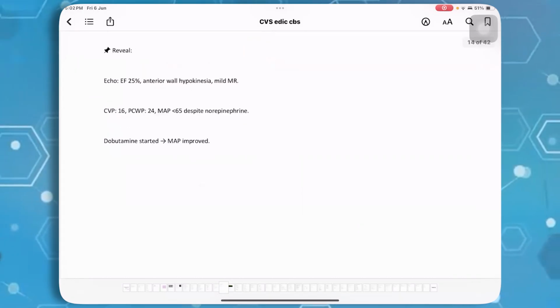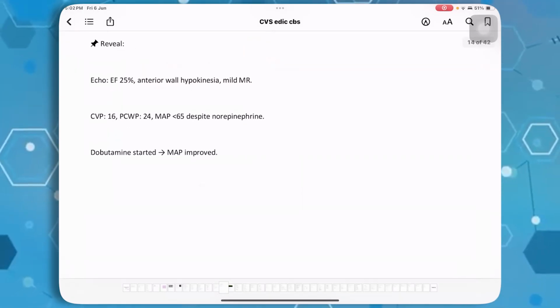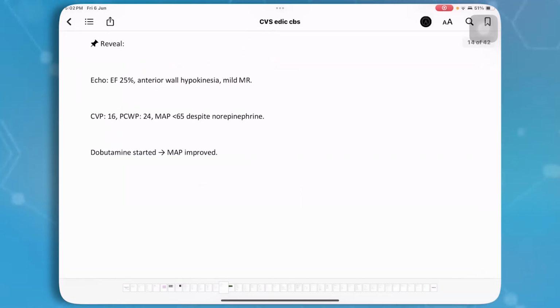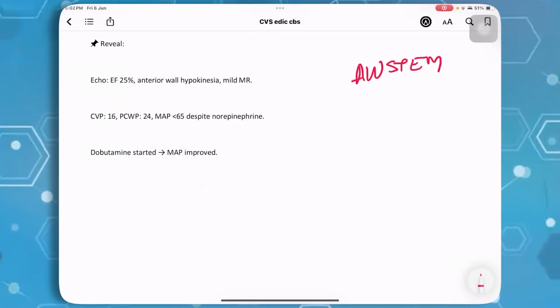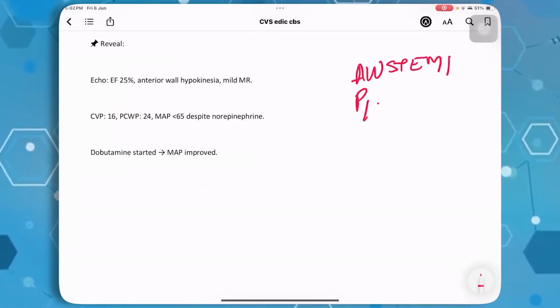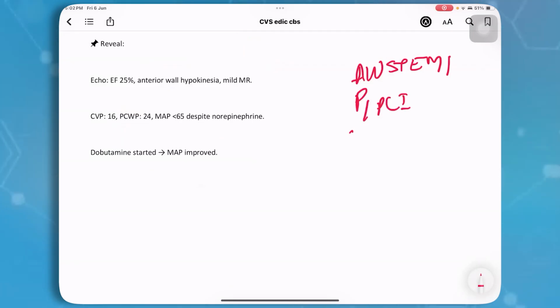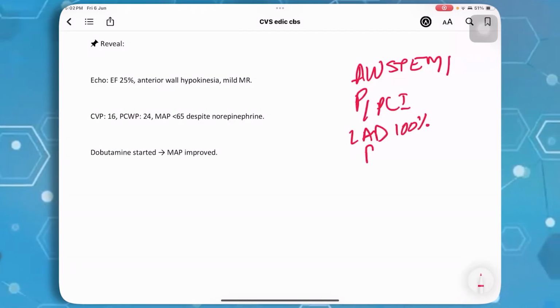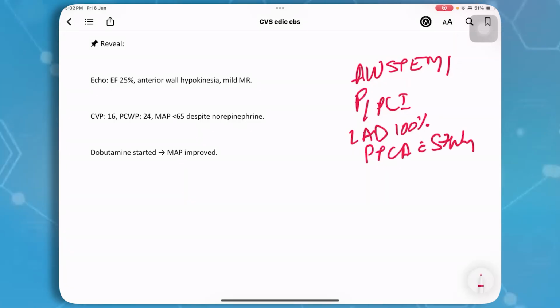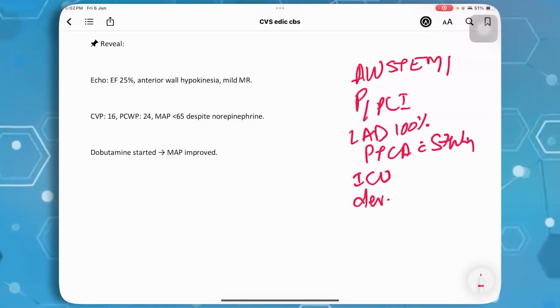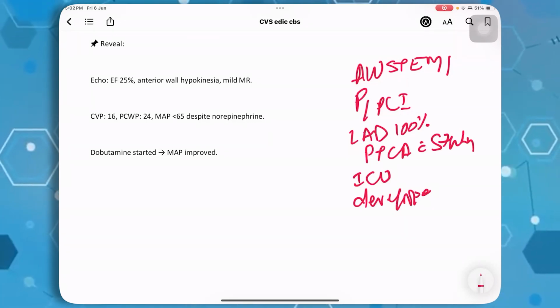Thank you, sir. Great. So, in our patient who had an anterior wall STEMI, who was taken up for a primary PCI, the LAD was 100% occluded, PTCA was done with a stent, shifted back to ICU, developed cardiogenic shock.